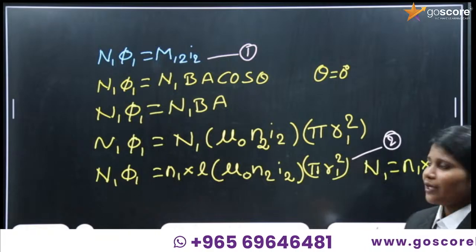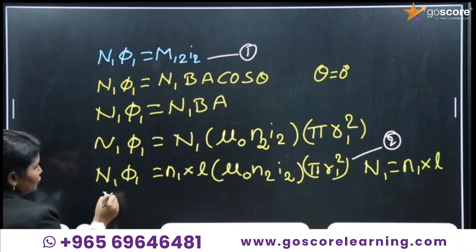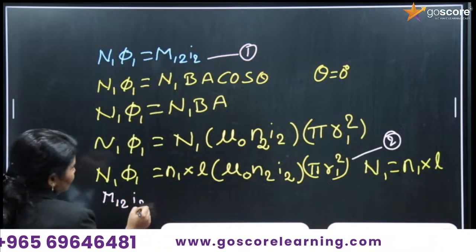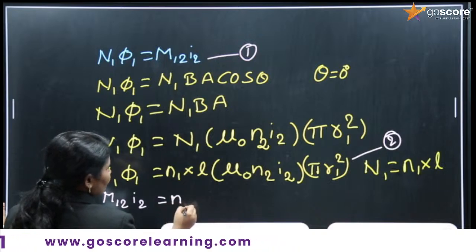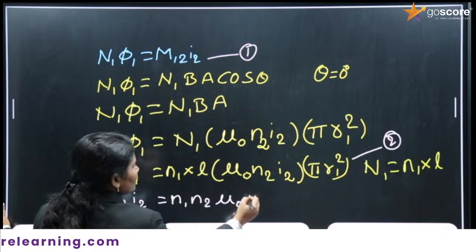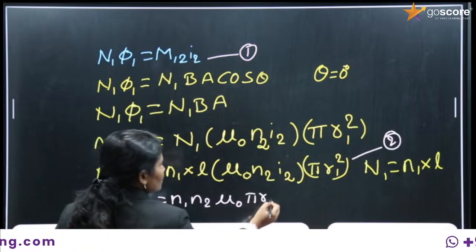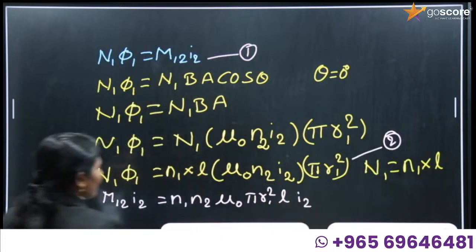Equate both the equations. M12 I2 is equal to N1 N2 mu naught pi R1 square L I2.